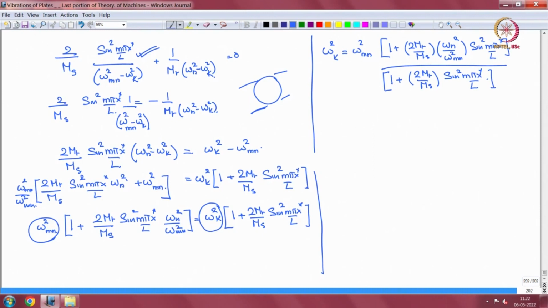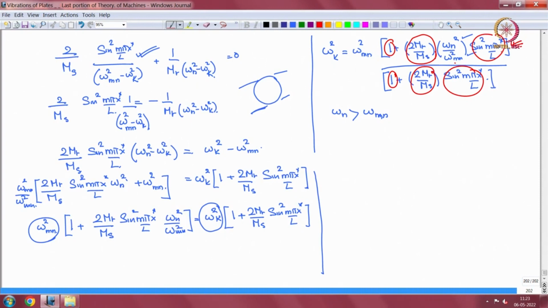Okay. So now you can see over here that if omega n is greater than a particular omega mn, now this term is the same as that term. This is the only term. So if omega n is greater than omega mn, then this term is bigger.